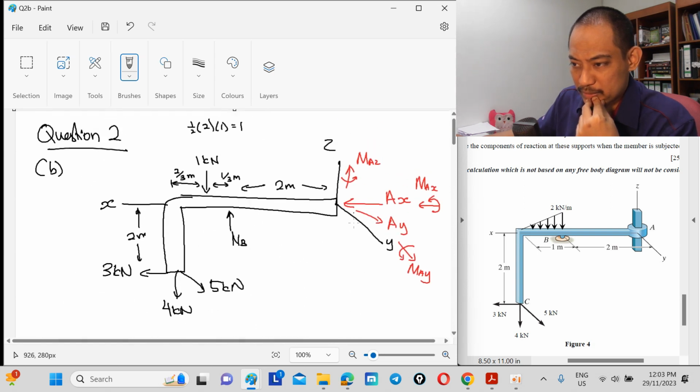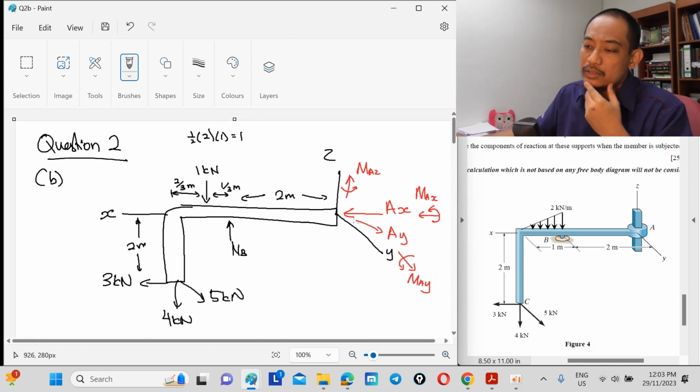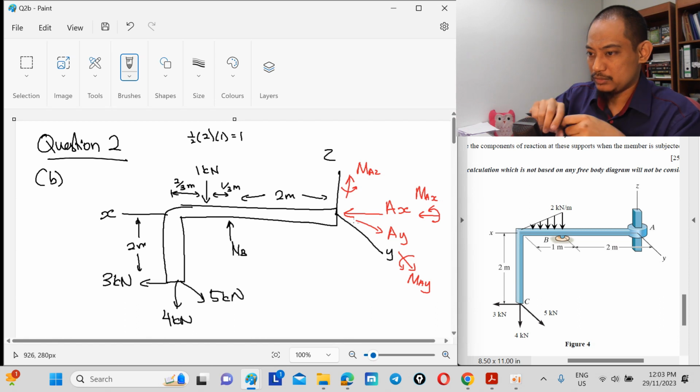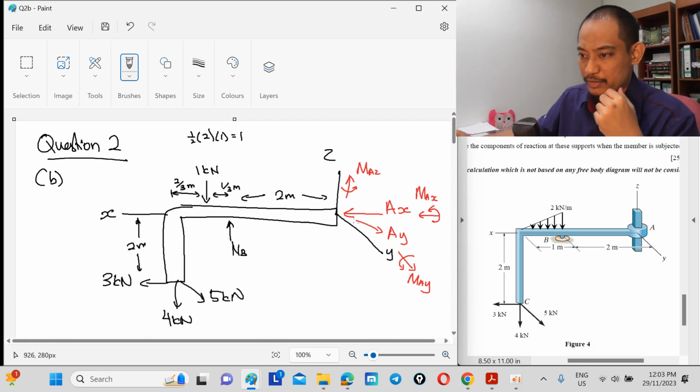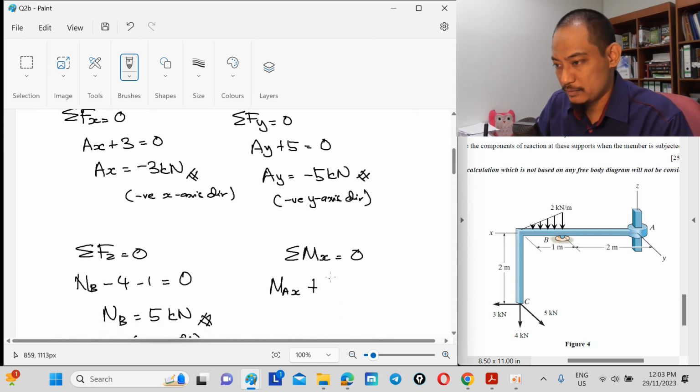MAX, and then NB doesn't rotate, 1 doesn't rotate, 3 does not, 4 doesn't, 5 does. It rotates counterclockwise, so plus 5 times 2.